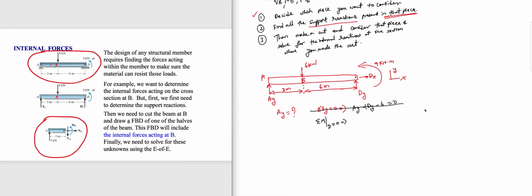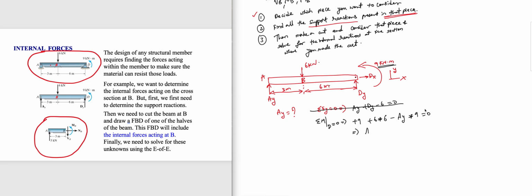Then we have 6 times 6, which is also counterclockwise, plus 6 times 6. Then we have Ay times 9, and with respect to D it is clockwise, so I'm going to write negative, equal to 0.